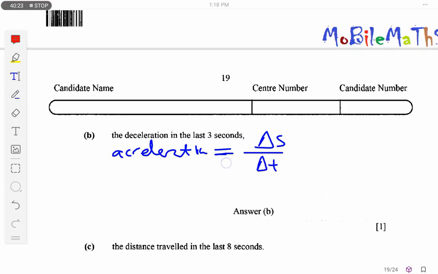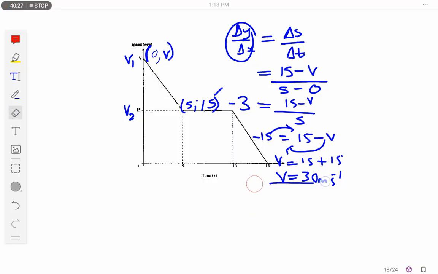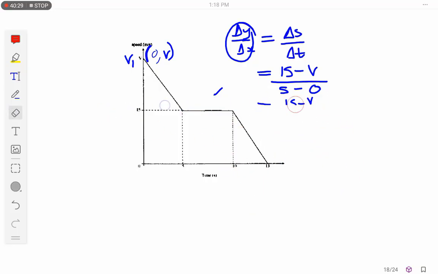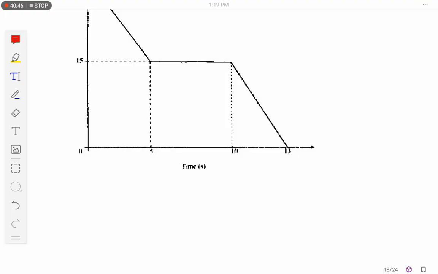So let's go and check the points. We said it's 30 here, meters per second. For the last 3 seconds, we are moving from 10 here to 13. So these are 3 seconds there.